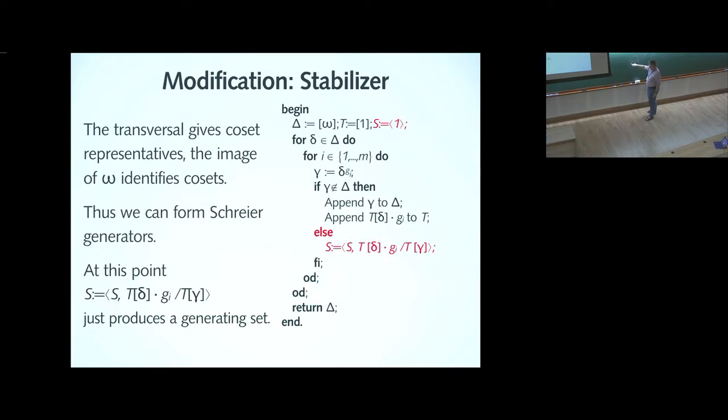So in this case, we know A times B divided by C lies in the stabilizer. And in this case, A is the transversal element here, C is the transversal element here, and B is that generator. So we add that to the stabilizer and let the stabilizer grow. And by Schreier's lemma, this guarantees that all these elements together will generate the stabilizer.